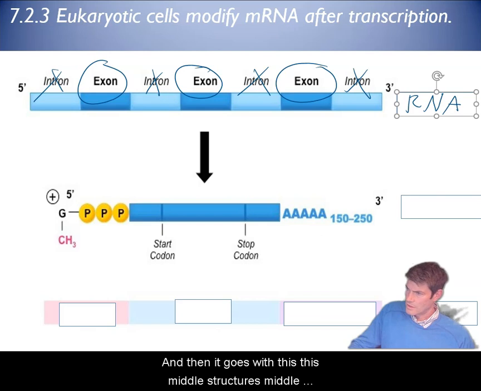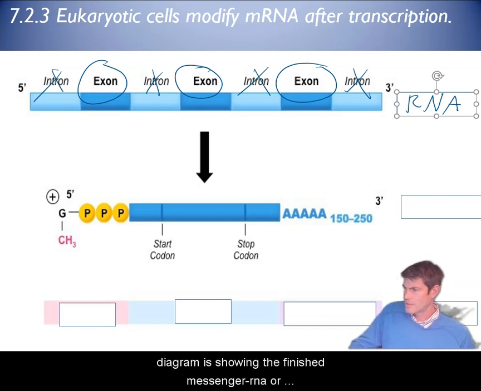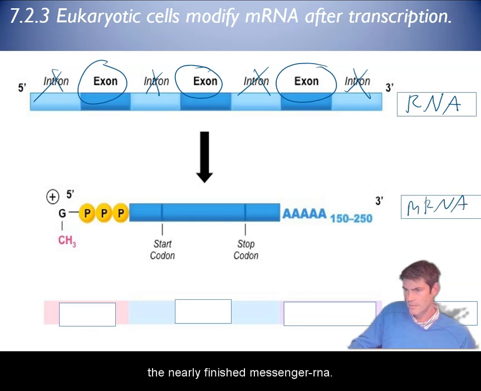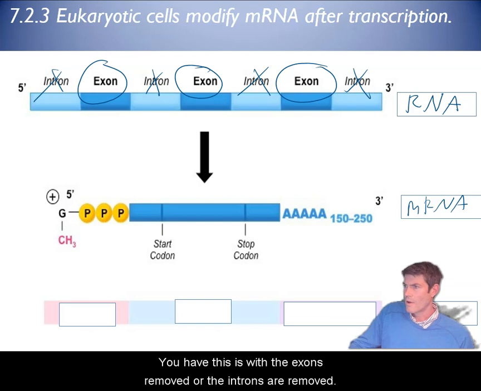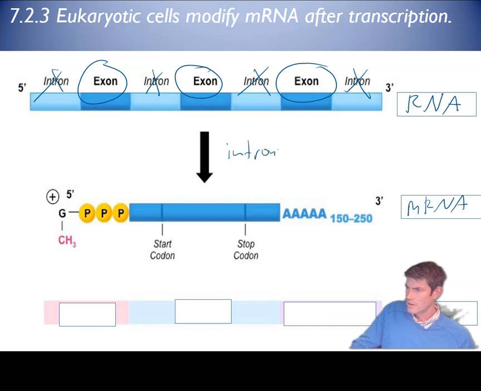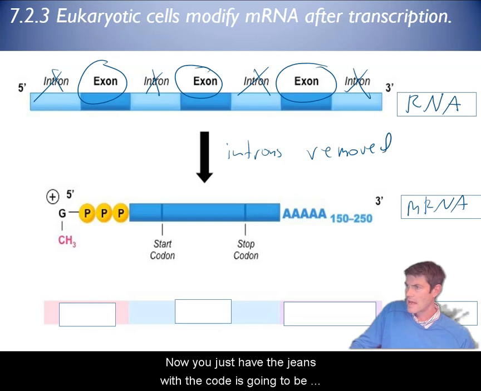And then it goes with this middle structure. This middle diagram is showing the finished messenger RNA, or the nearly finished messenger RNA. This is with the introns removed in that first step. So now you just have the code that's going to be expressed.